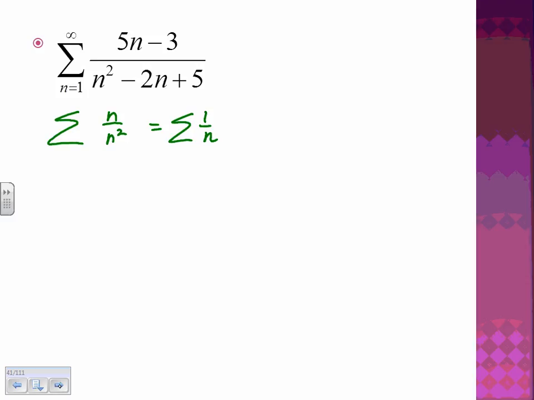This is the harmonic series, which diverges. And I don't care on this one if you say diverges because it's the harmonic series, or diverges by p-series. I'm fine either way. Okay, diverges by p-series, or because it's the harmonic series.